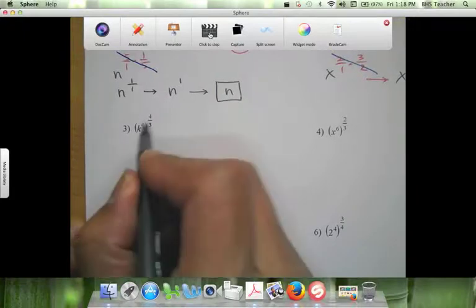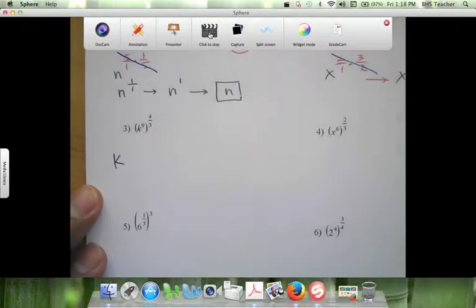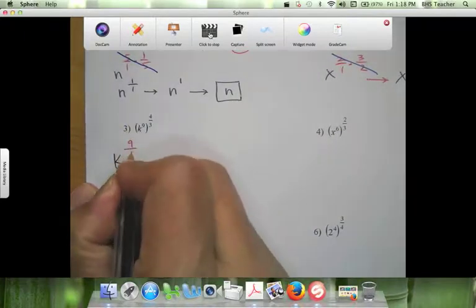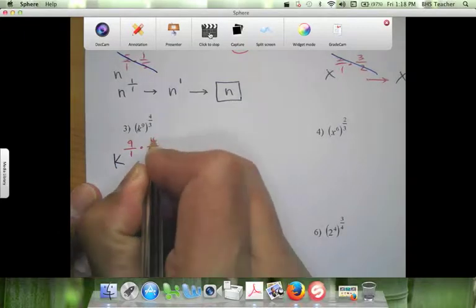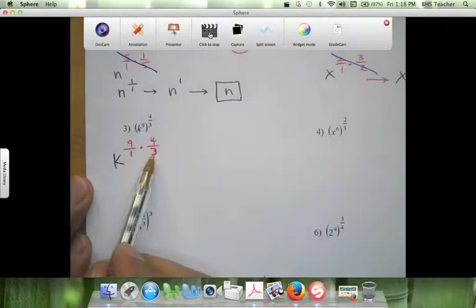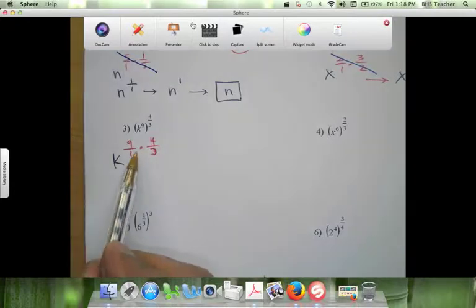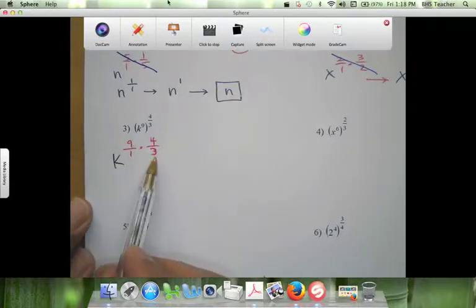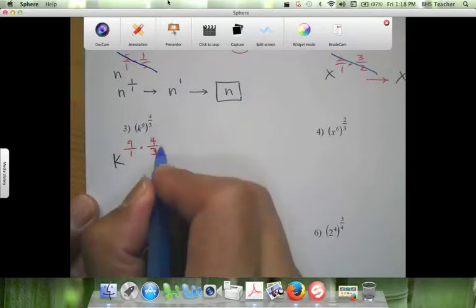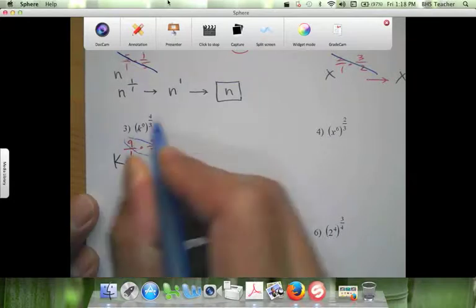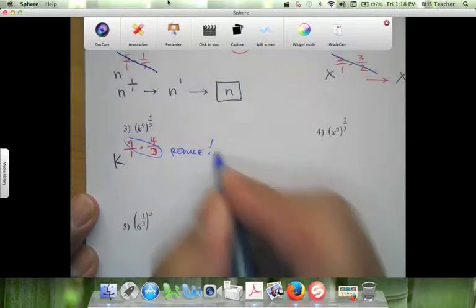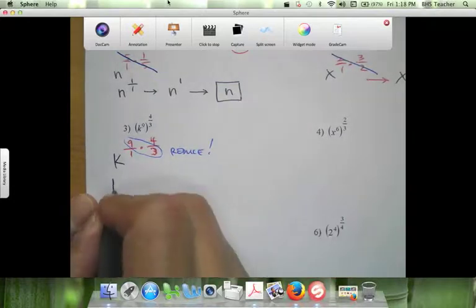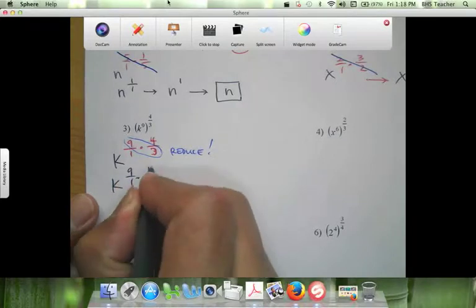Number 3. The base is k, the exponent's power raised to another power, we multiply. 9 over 1 times 4 over 3. See, always look at here. If they don't divide and match evenly and they don't divide out, they can reduce. You can reduce right here. So let me write it again. 9 over 1 and 4 over 3.